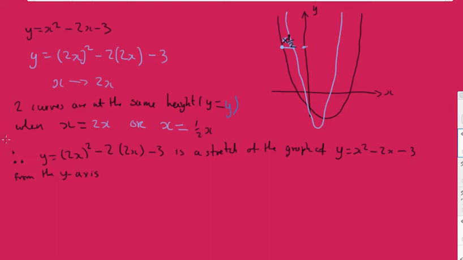So the previous one that we did, if you can imagine a rubber band on the x-axis, it was pulling it up and down. This, if you imagine it being tethered with the rubber band on the y-axis, is going back and forth on the y-axis. So in this example, we're parallel to the x-axis, whereas in the previous example it was parallel to the y-axis.